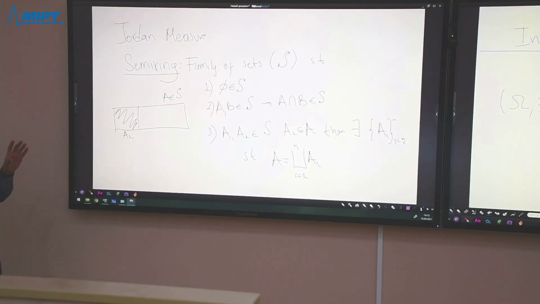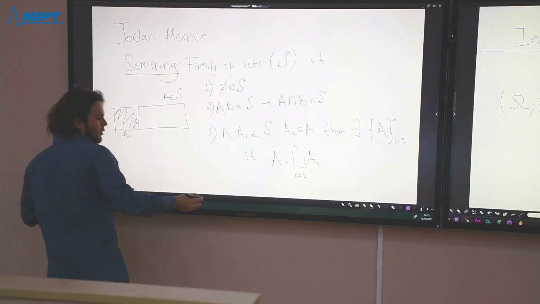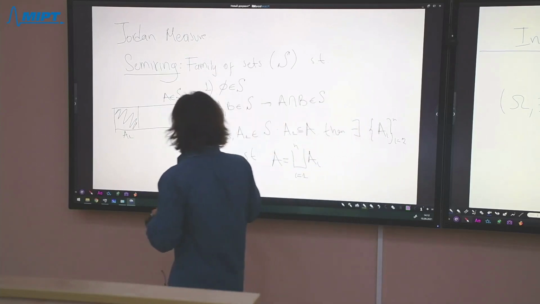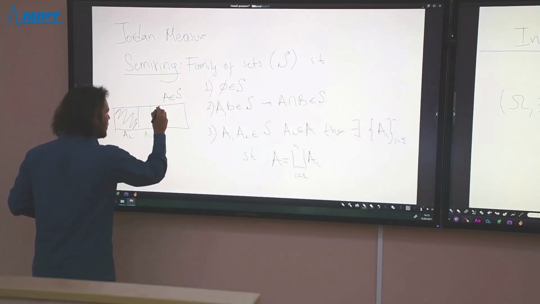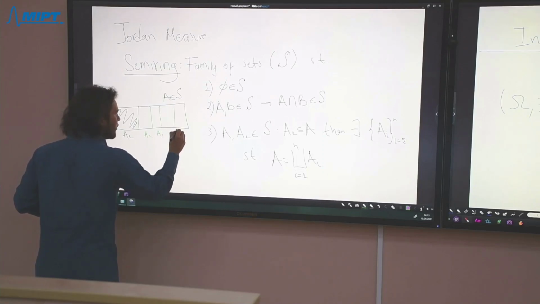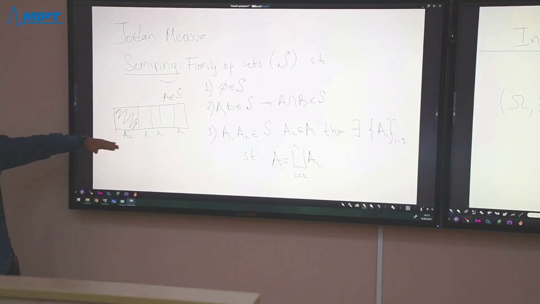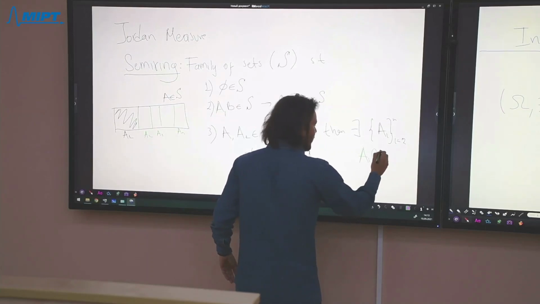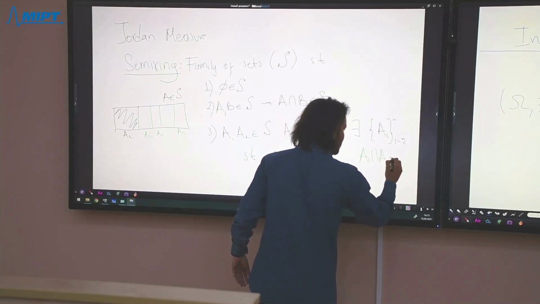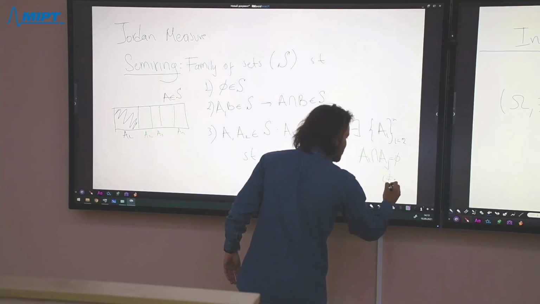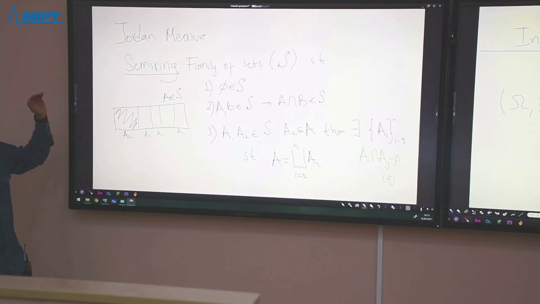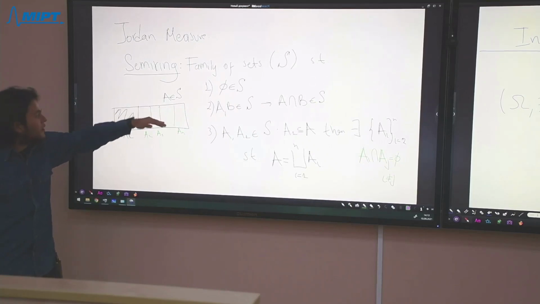Then we will find A sub 2 and A sub 3 and A sub n, such that they don't intersect, right? So here the intersection of A_i with A_j is empty for any i and j different. Okay, so these sets don't intersect, and the disjoint union of these sets is going to give us A.